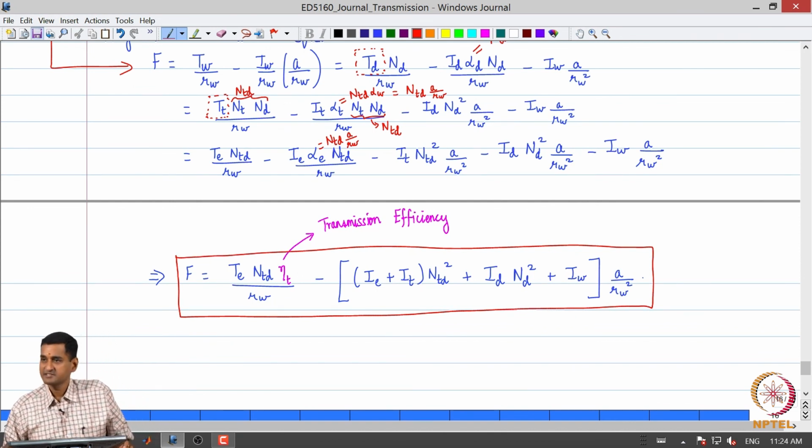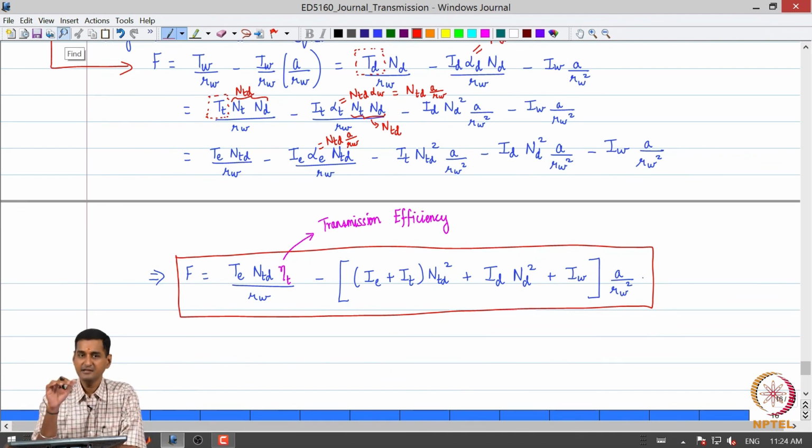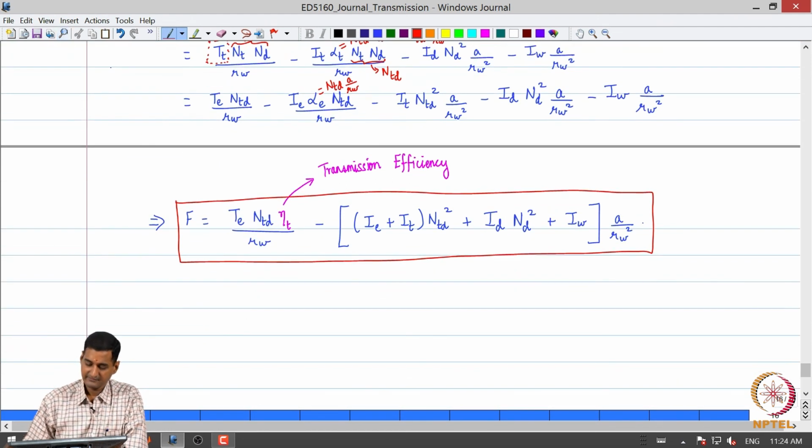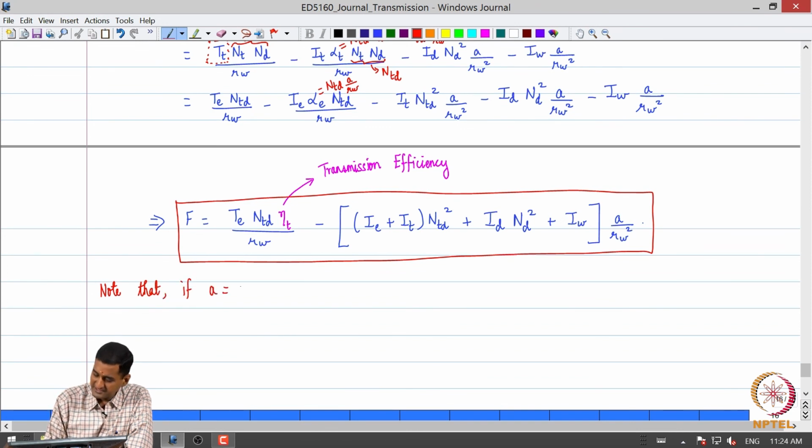Okay. So, as an expression for characterizing the powertrain, a simple expression, right. Please note that if the vehicle is cruising at a constant speed, what will happen to A? Note that if A equals 0, that is the vehicle is cruising at a constant speed, we will just get F equals Te Ntd eta t divided by Rw.